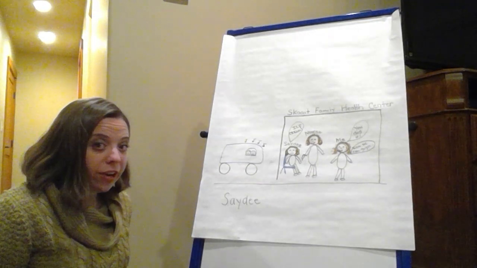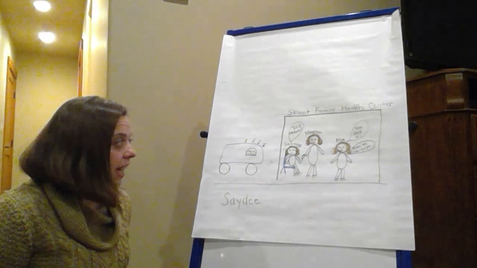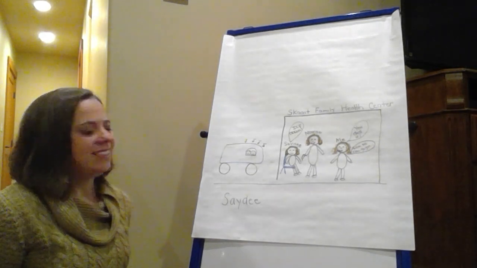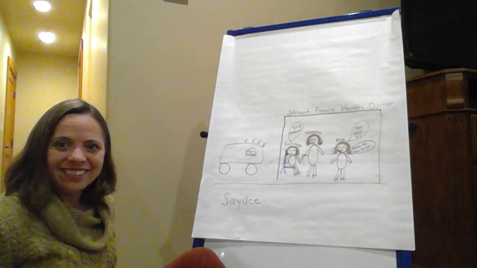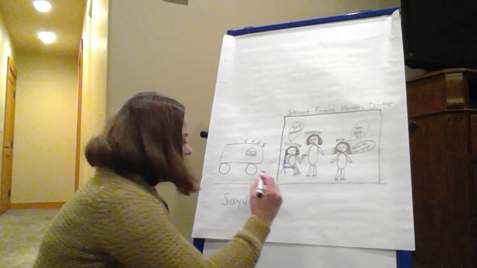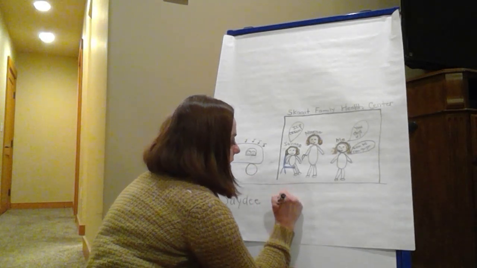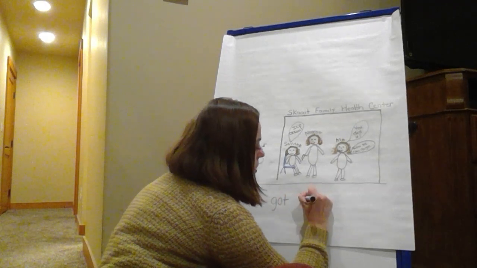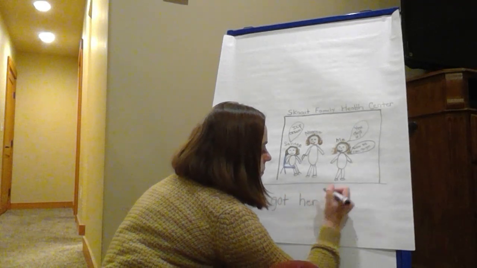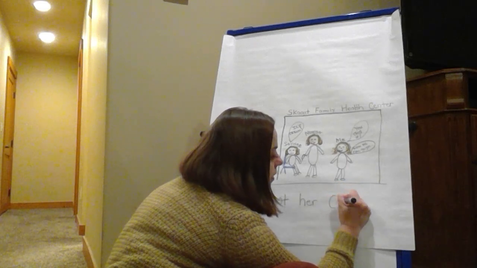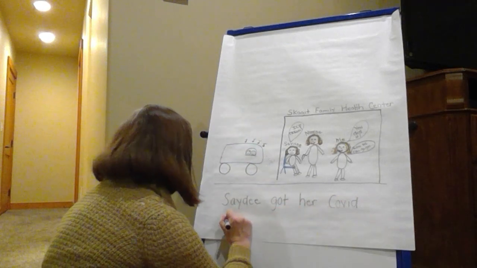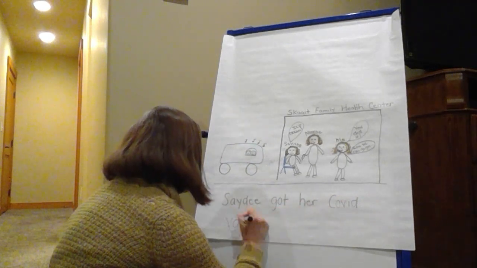So what happened in the story? Saydee went to the zoo? No, we didn't go to the zoo in this story. What did Saydee do? Saydee got her COVID vaccine.